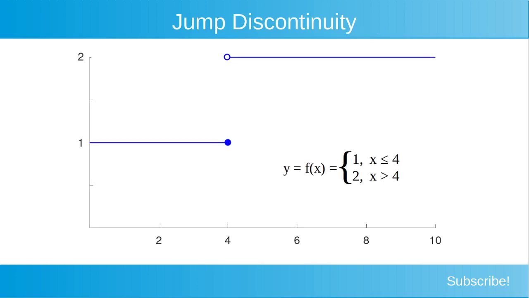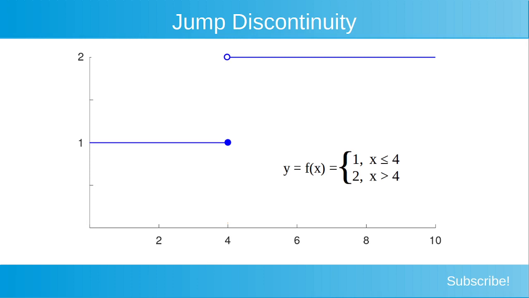Here on this screen is another type of discontinuity referred to as a jump discontinuity. Here we have the function y is equal to f of x is equal to 1 when x is less than or equal to 4, and f of x is equal to 2 when x is greater than 4.